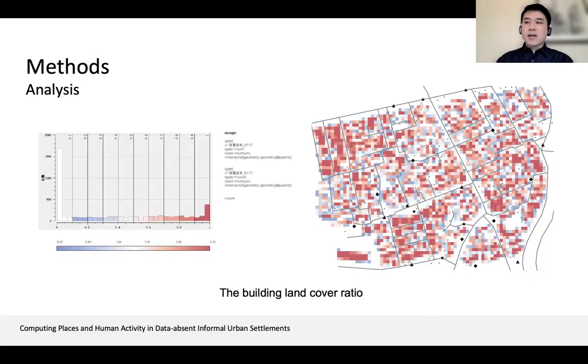And this is the calculation of the building land cover ratio. This gave us a deeper understanding of where has been built and where the potential open spaces are that do not have construction on the site.